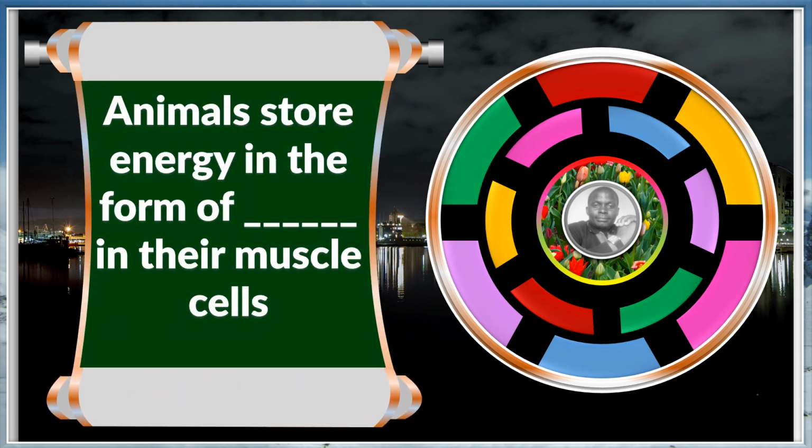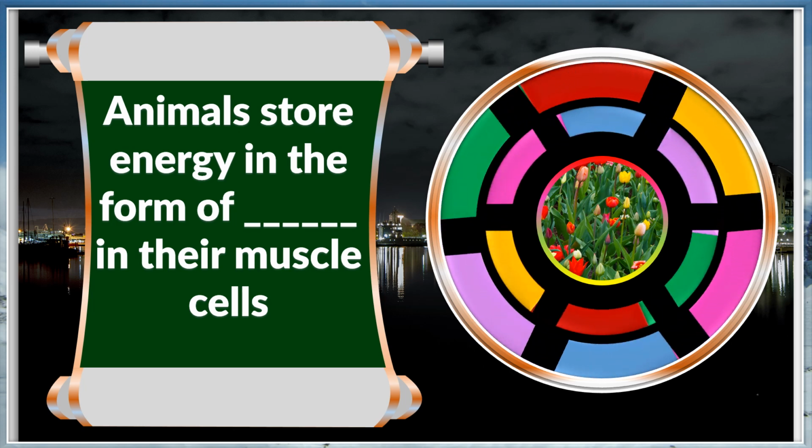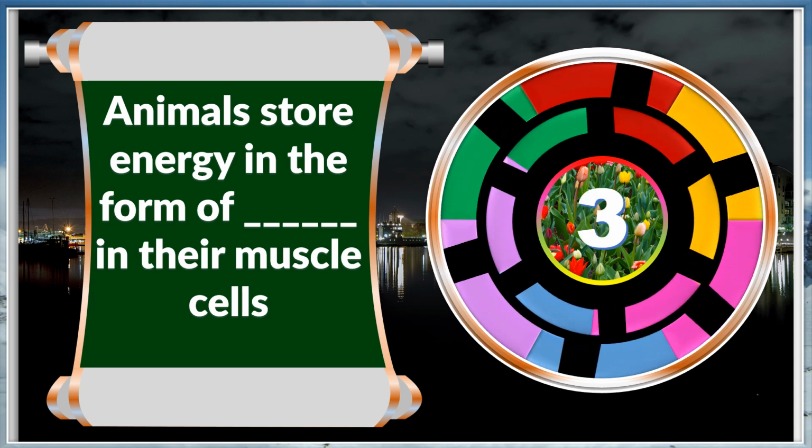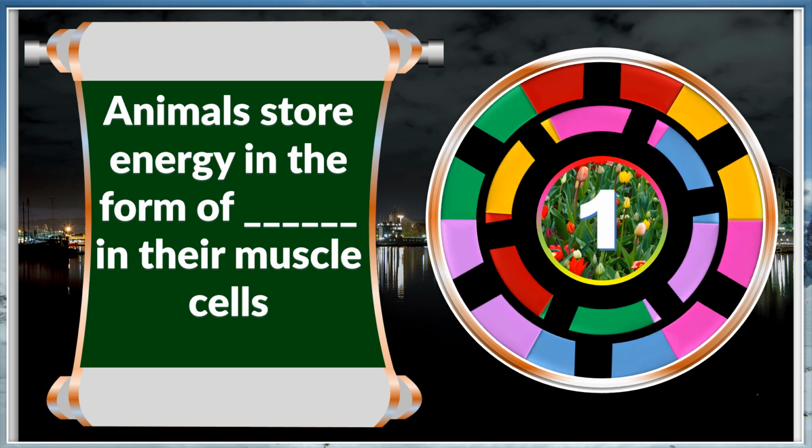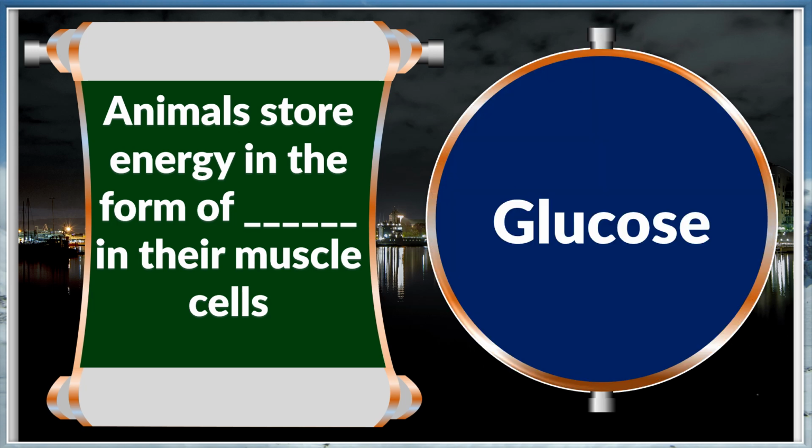Animals store energy in form of dash in their muscle cells. Glucose.